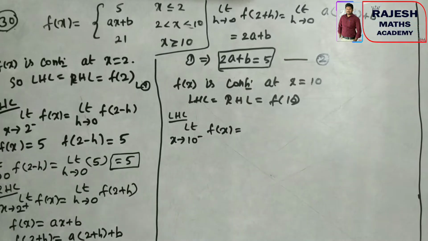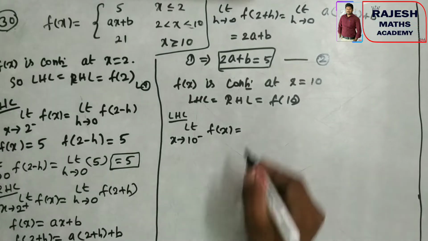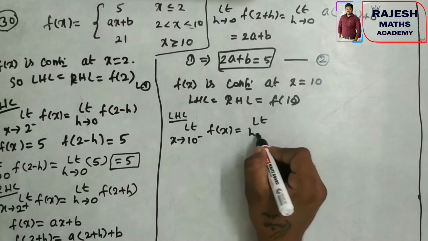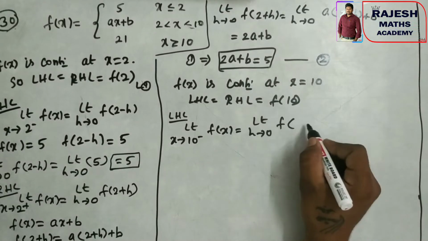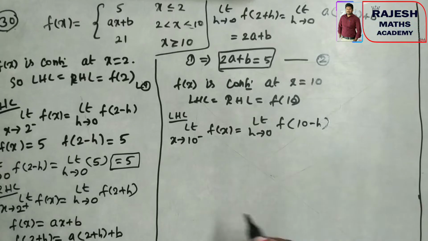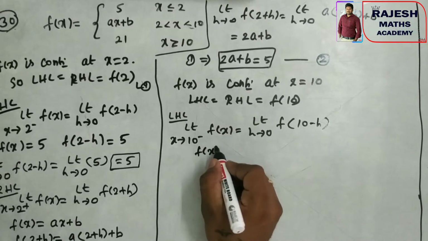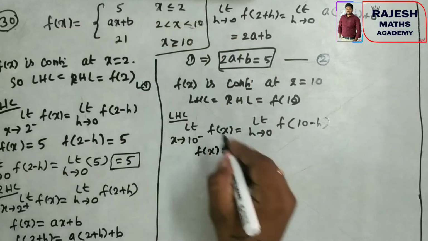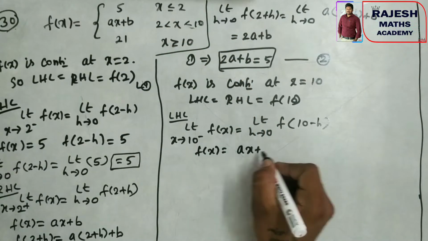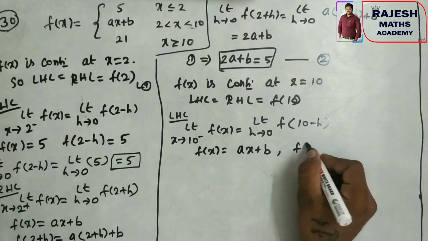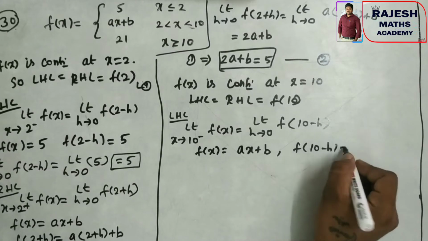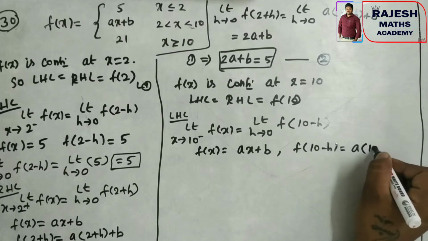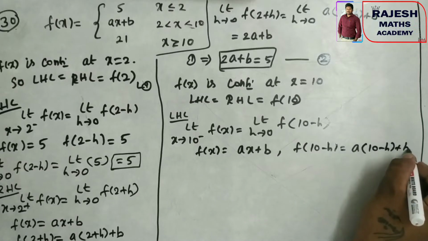Limit x tends to 10 minus f of x equals limit h tends to 0 f of 10 minus h. So what is the value of f of x in this case? In the less than 10 case, f of x equals ax plus b. So f of 10 minus h will be a of 10 minus h plus b.